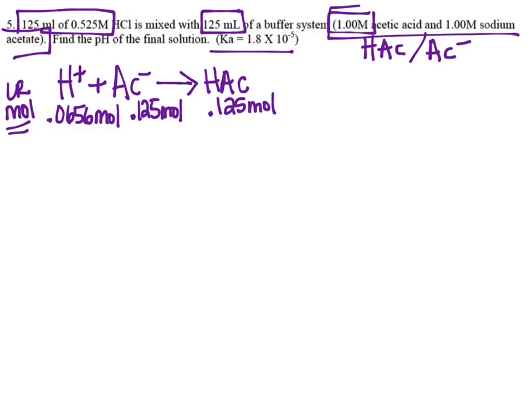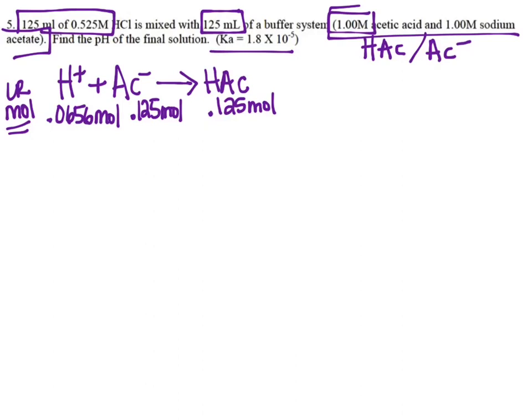There's 125 milliliters, and it's a 1 molar solution. It's a 0.525 molar hydrochloric acid solution, and there is 0.125 liters, so I multiplied them. If we're adding hydrogen into the acetate and we're getting acetic acid, what are our moles? We already have acetic acid, what originally is in there.